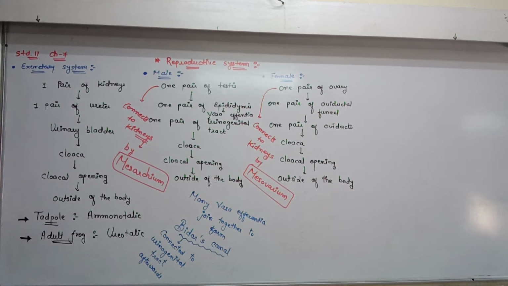So many vasa efferentia join together and form the Bidder's canal. Bidder's canal receives the sperms from the vasa efferentia, and this is the unique feature of the male frog.